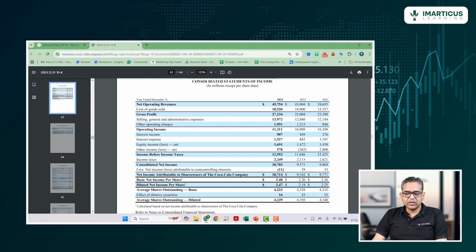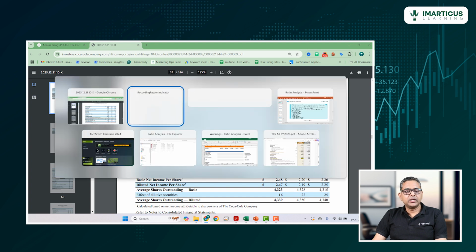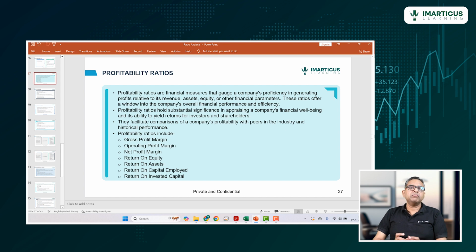How much profit the company is able to generate from its revenues will depend a lot upon how well the company is managing its costs. From the same revenue, two companies can generate different profits depending upon how they are managing their costs, how they are managing their expenses.